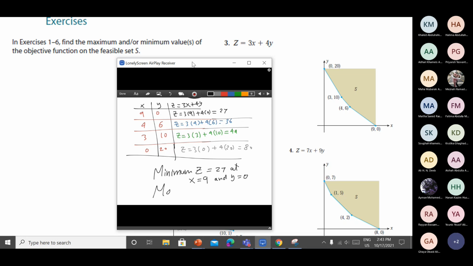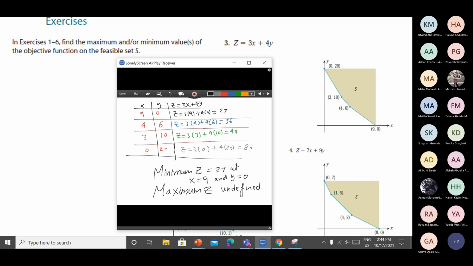What is the maximum value you said? 80. No, sorry. Undefined. Why is it undefined? Because your area is not bounded above, right? You have no limit above, right? Catch it?